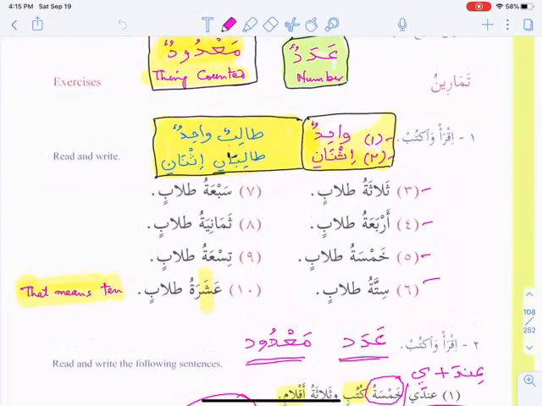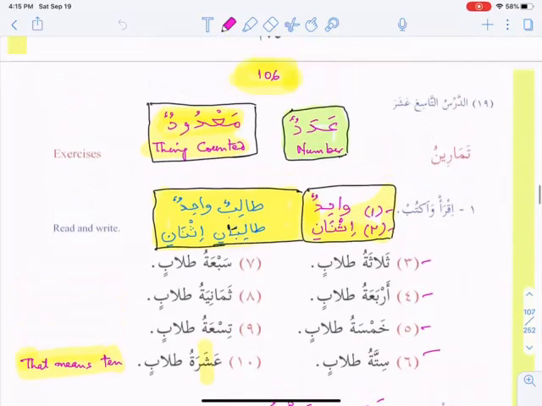Arabic numbers are a little tricky. We have two things to remember: adad, number, and ma'adud. Please remember these. Al-adadu, and ma'adudun, things counted.